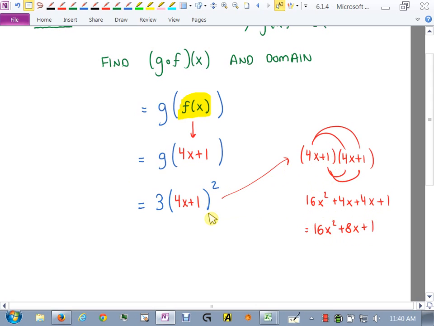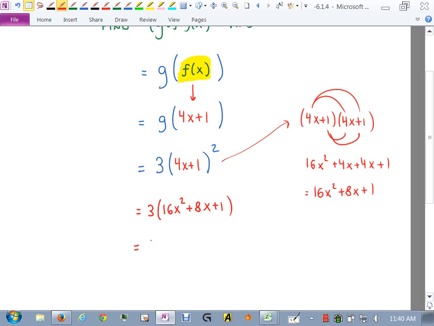But what was sitting in front of all that? A 3. So my next line, I'm going to have 3 sitting in front of all of this. And then finally, pass the 3 through. 48x squared is 24x plus 3. Got it? Questions?